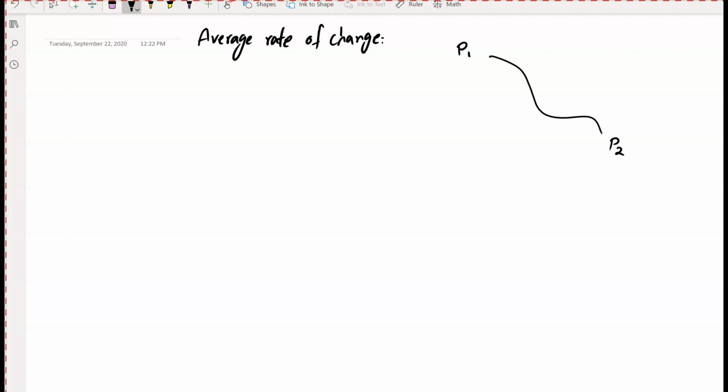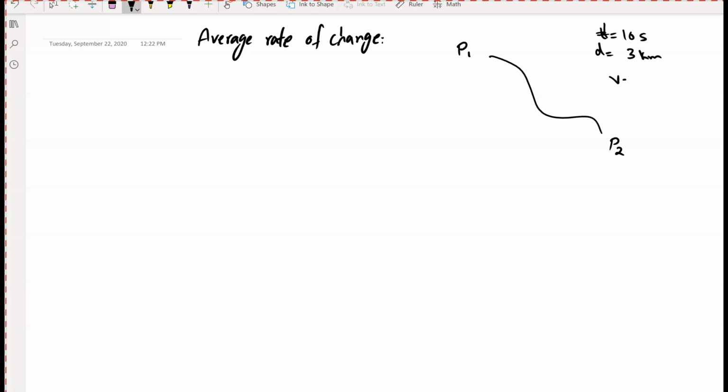If you are going from home to the school, let's say you are taking 10 minutes to go to your school. Time is 10 seconds. Okay, and let's say the distance is 3 kilometers.